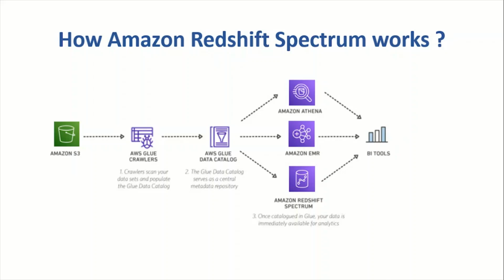So Amazon Redshift has an external schema which references these external databases or the data catalog. The external data catalog, here in this diagram, is AWS Glue, but it can be a Hive Metastore or Athena and those kinds of things. But for this demo and this video, we will just be focusing on the AWS Glue Data Catalog.